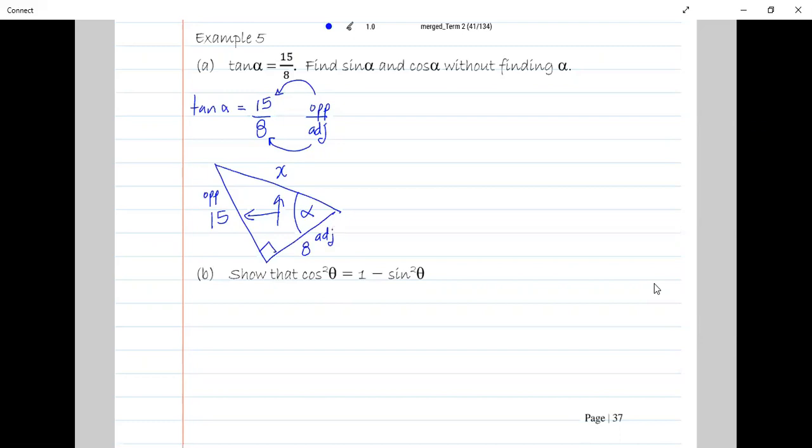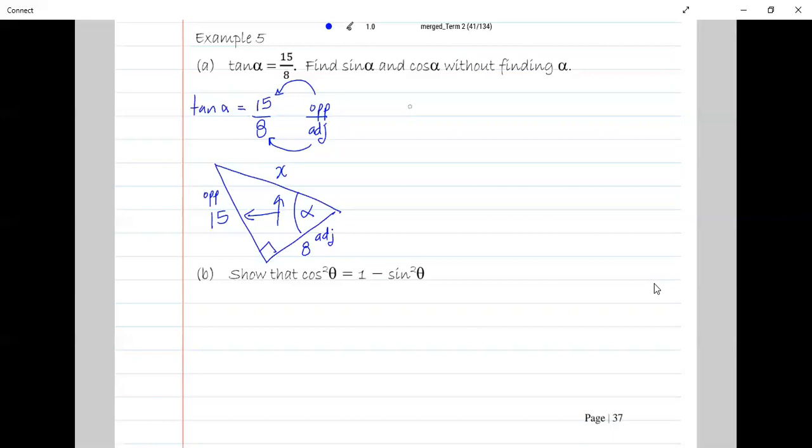From tan, which is opposite over adjacent, the opposite side would be 15, the adjacent side would be 8. The side that we don't know is the hypotenuse. But if I know two sides of a right angle triangle, and I wish to find the length of the third side, all I need to do is to apply Pythagoras Theorem.